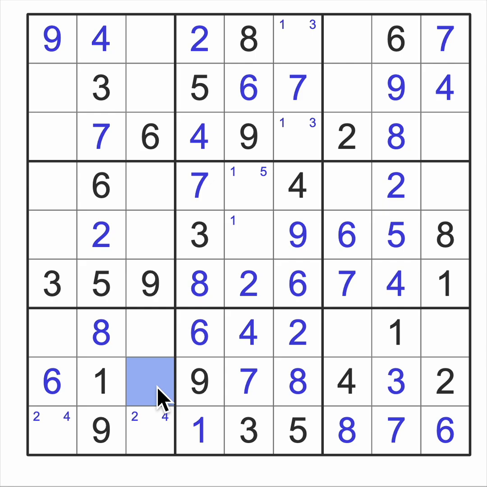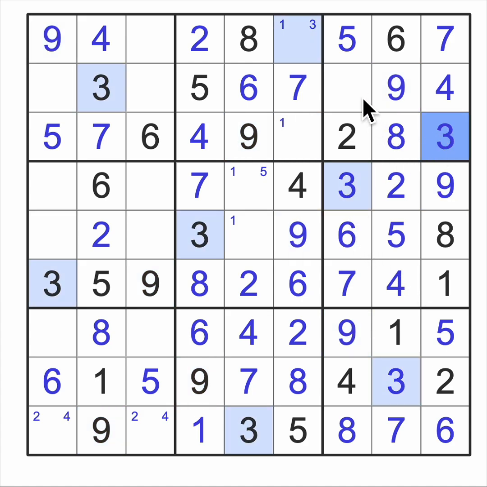The last number of this row is 5, which blocks these. This 5 blocks here, gives me 5 here, which blocks this cell. This 5 blocks here, gives me 5 here, which blocks this cell, gives me 5, 9, 9, 3, 3, 1.